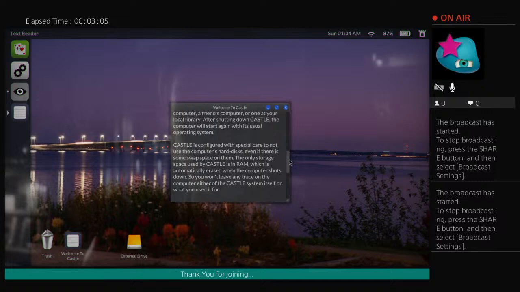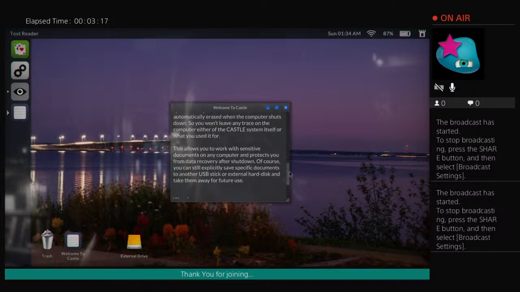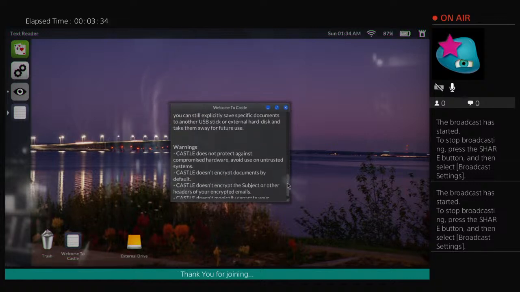Even if there is some swap space on them, the only storage space used by Castle is in RAM, which is automatically erased when the computer shuts down, so you won't leave any trace on the computer either of the Castle system itself or what you used it for. This allows you to work with sensitive documents on any computer and protects you from data recovery after shutdown. Of course, you can still explicitly save specific documents to another USB stick or external hard disk drive and take them away for future use.